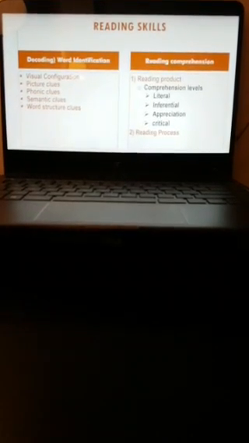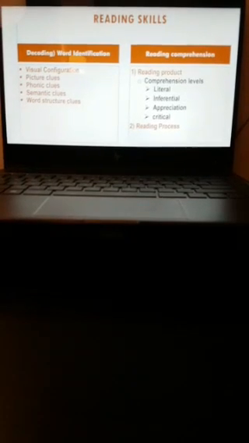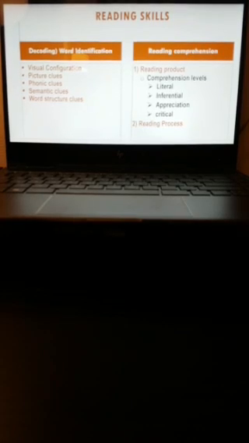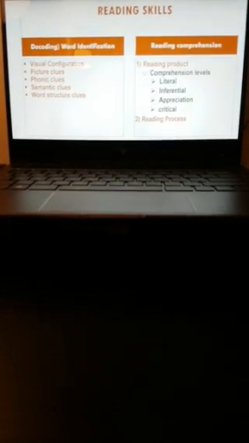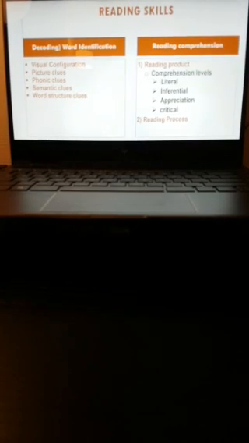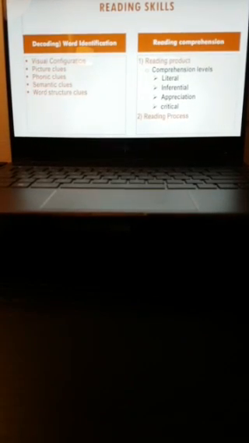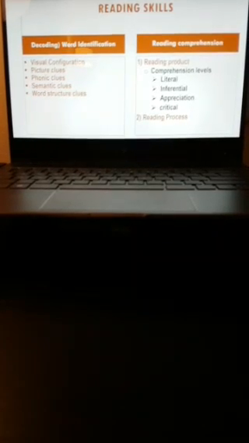Now, the reading process. The reading process is what goes on in our brain while we are reading the text, beginning with the first word, second word, third word, first sentence, second sentence, first paragraph, second paragraph, third paragraph, fourth paragraph, first page, second page, first chapter, second chapter, last chapter.